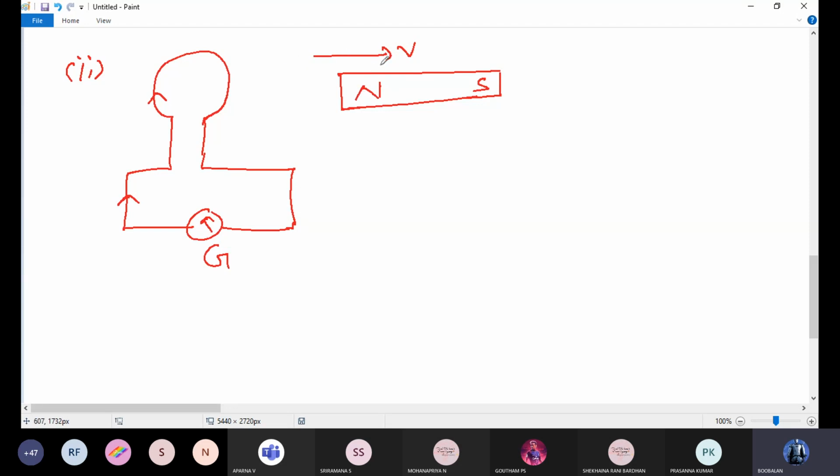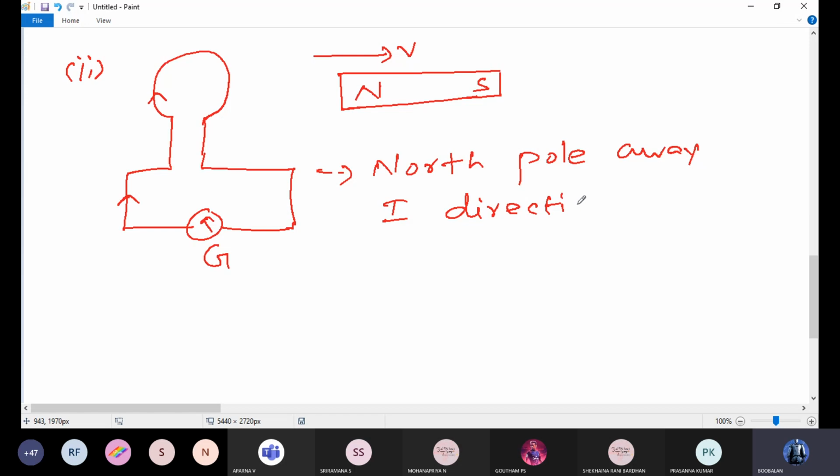Refer to the arrow mark, it is away from the coil. So the north pole is moving away from the coil, and the induced current direction is clockwise.